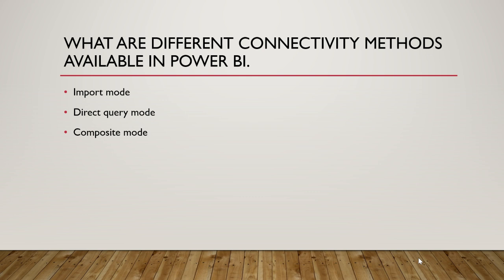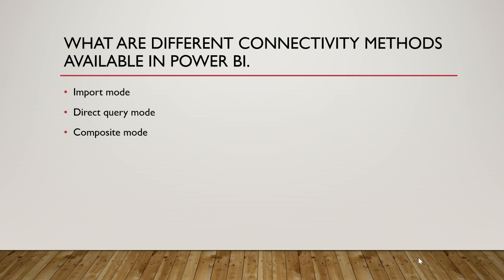In direct query mode, we'll be pulling the data directly from any SQL server, for instance. So, for example, if we pull data from SQL server in direct query mode, what will happen? We will not be able to see the data in the data layer. Okay, we can only see that some connection is created and the data is getting pulled.